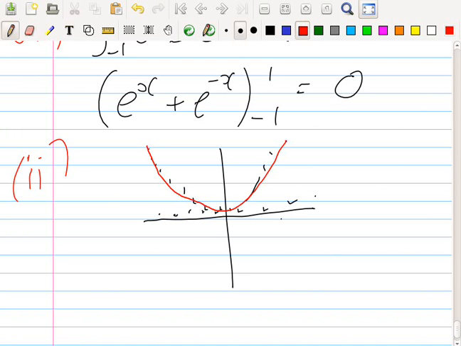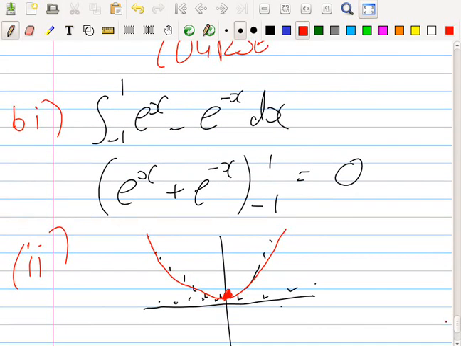Oh, sorry, don't do my mistake. e^x is like this, but it's minus e^-x, so that means it's upside down.